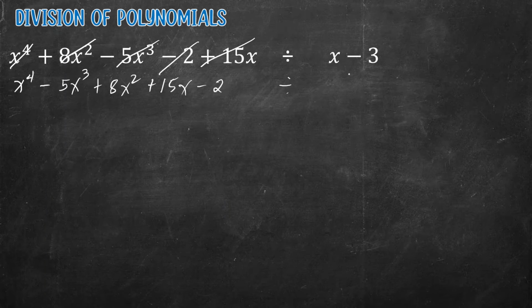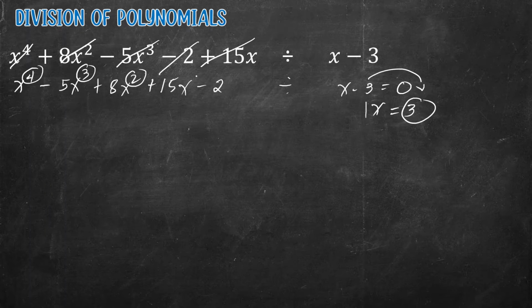Divided by, itong x minus 3 natin, equate natin into 0. X is equal to, transpose negative 3, it will become positive 3. So, gagamitin natin ay positive 3. Okay, next, let's identify if there is missing degrees. So, we have 4, 3, 2, and then 1, and then 0. So, this time, wala tayong missing degree. So, the next thing that we need to do is to what? Write all our coefficient. So, ito ay 1 kasi wala siyang kasama, automatic may 1 na coefficient yan.